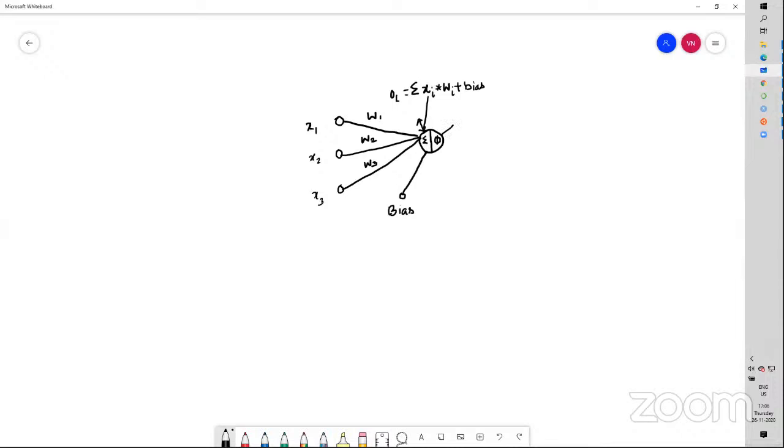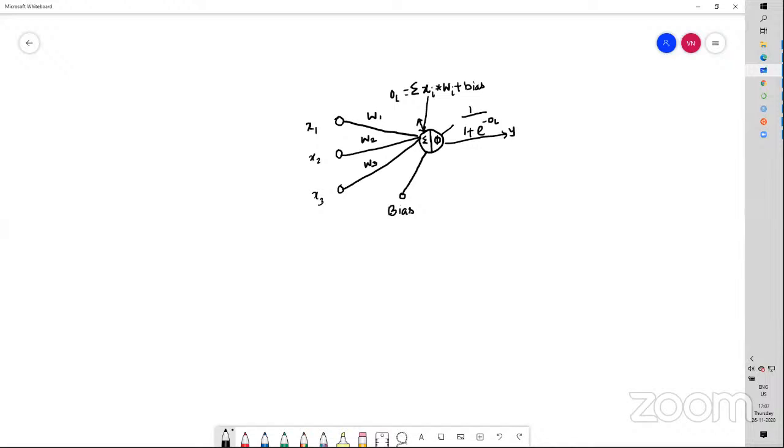On the activation function phi, I'm going to use a sigmoid activation function. So this is going to be 1 by 1 plus e to the power of minus OL. That would generate our output y. Okay. So for this perceptron, today we are going to write a program.